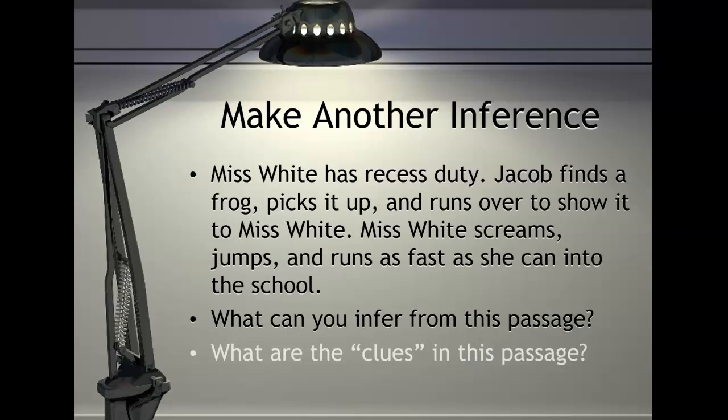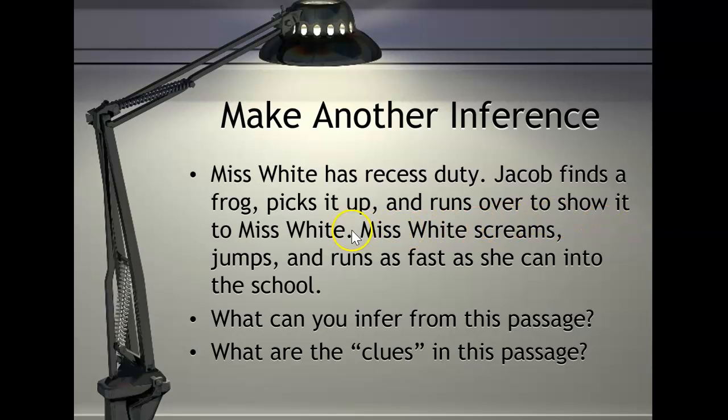What were the clues to say that? She screams, jumps, and runs as fast as she can into the school. That is the clue from the passage. Sometimes we call this text evidence: what is the evidence that proves that she is scared of frogs.